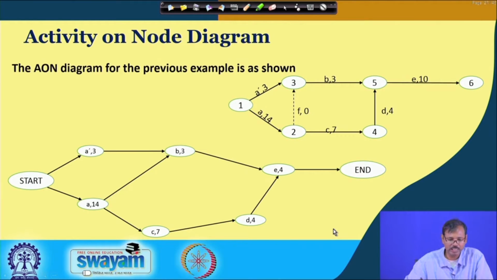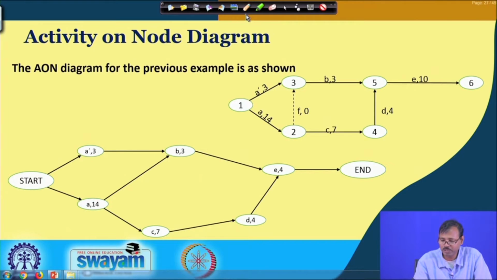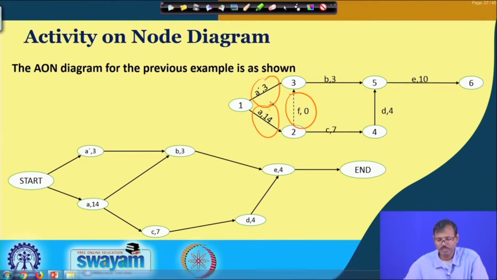Now, let us see some of the activity on node diagrams which were previously shown to you in the last class. Now, you can see this is the example which we have discussed, where these dependencies are defined using these dummy activities, which are eliminated here.